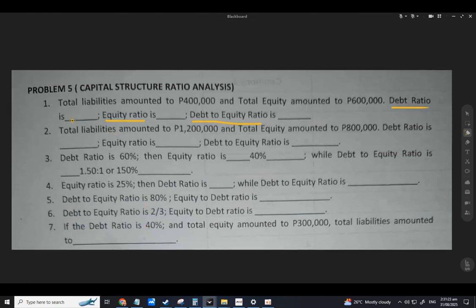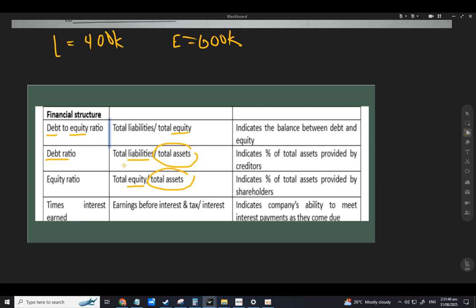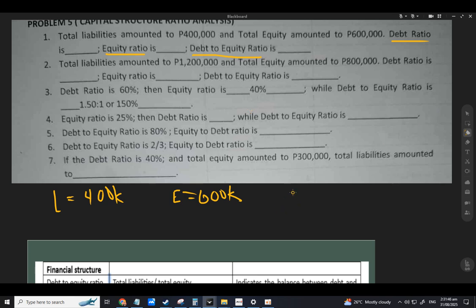Total liabilities amounted to 400,000, so liabilities are 400K, and total equity amounted to 600,000. Debt ratio is total liabilities over total assets. We don't have total assets. Remember, in the accounting equation, assets equal liabilities plus equity.